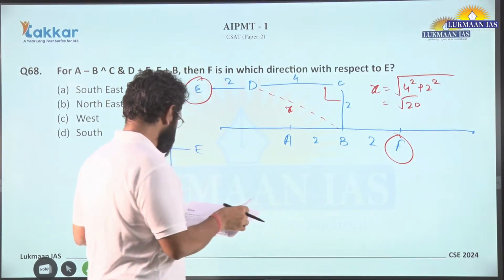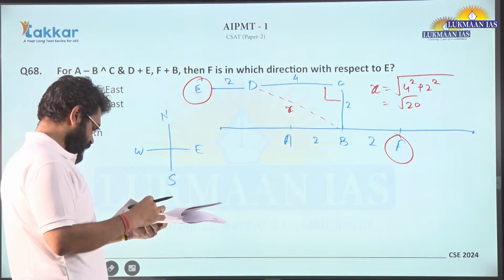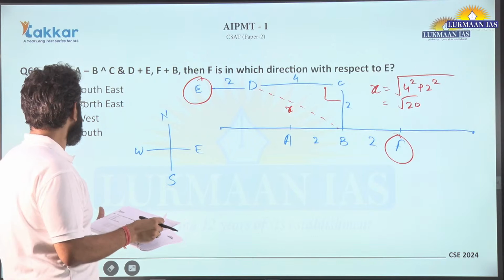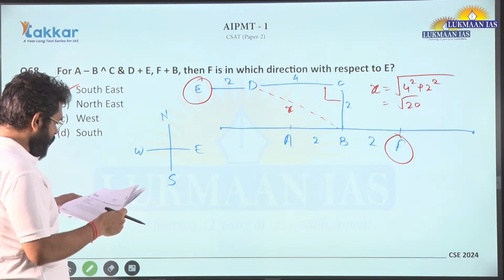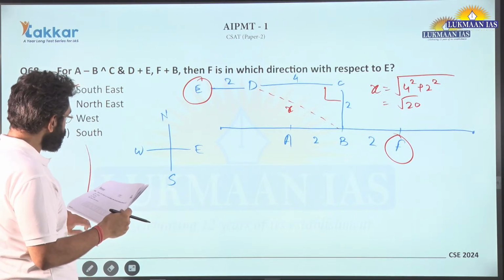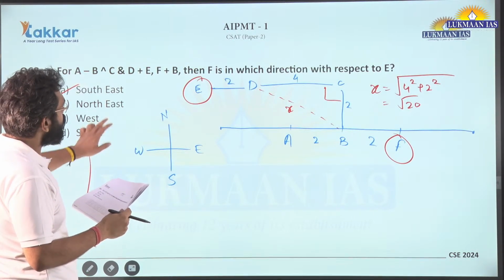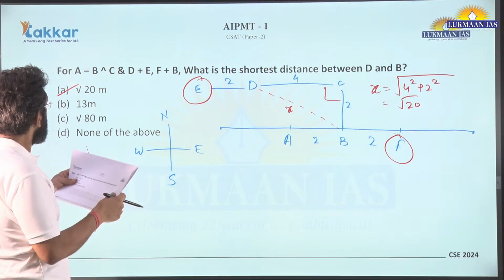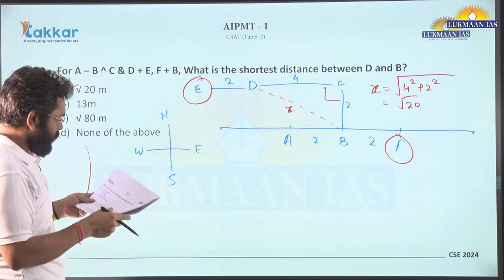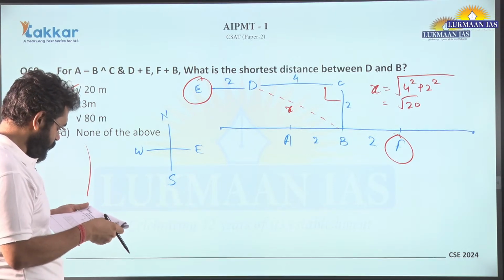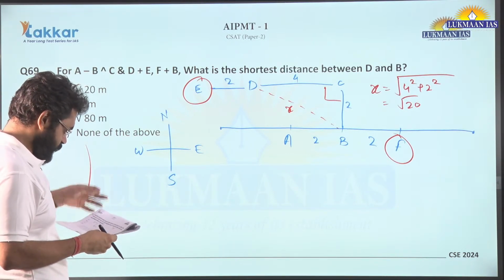Okay, for both questions 68 and 69, for 68 the right answer is A, southeast, and for question number 69 also the option A is the right answer, root 20 meters. Let's see the next question.